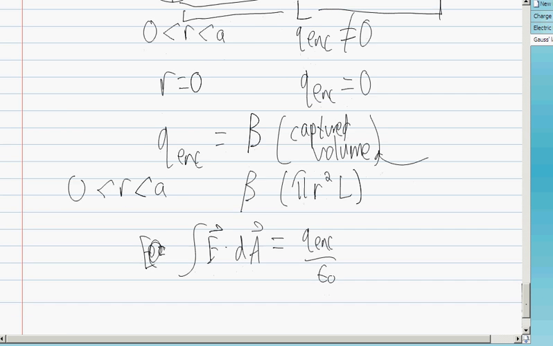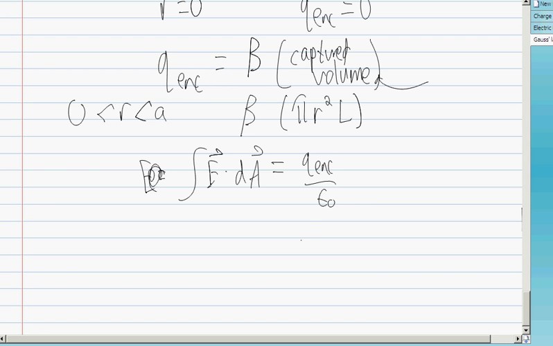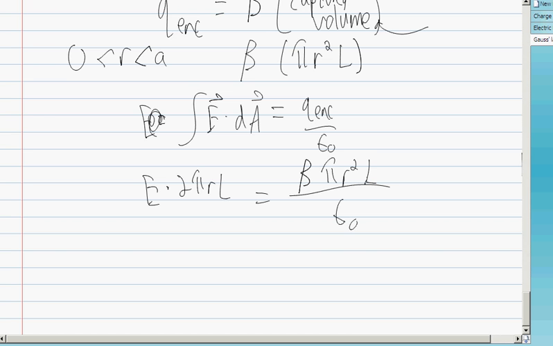So, we have beta times pi R squared L over epsilon naught. Again, it's going to be E times A, because the field is going to be uniform across the surface that we chose, our Gaussian cylinder. It's going to be 2 pi R L. Well, the L's go away. That's nifty.